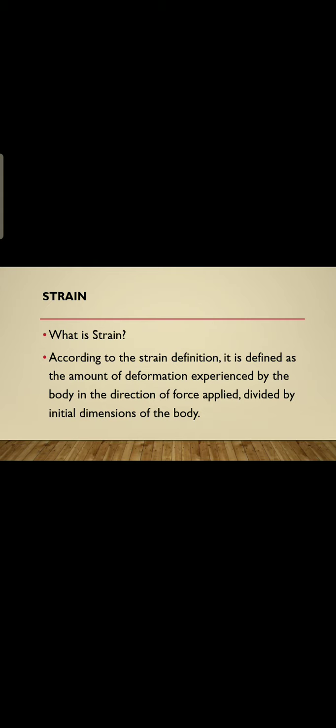For example, if there is a plastic ball in our hands and we apply force on the plastic ball, it will change its size, shape, and volume. So there will be deformation due to the force applied. So the strain is defined as the amount of deformation experienced by the body in the direction of force applied divided by the initial dimension of the body. This is very simple.